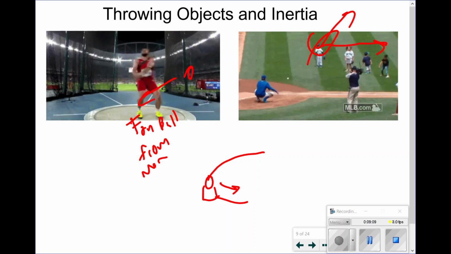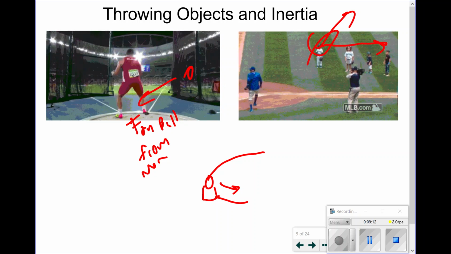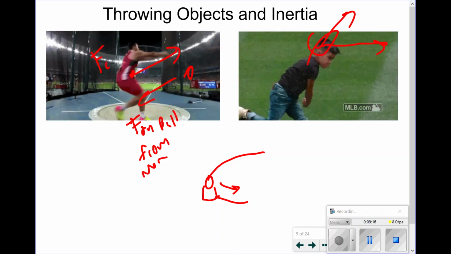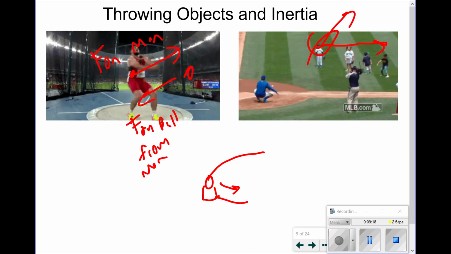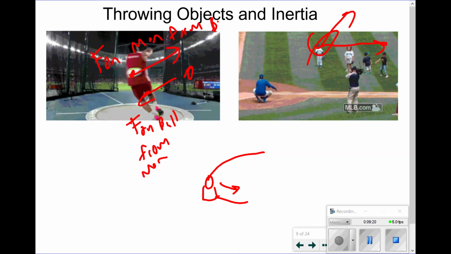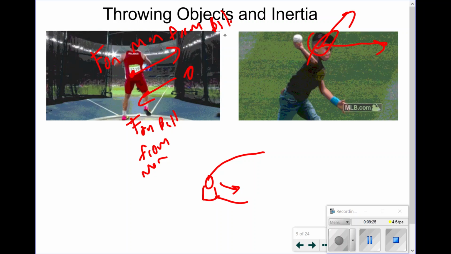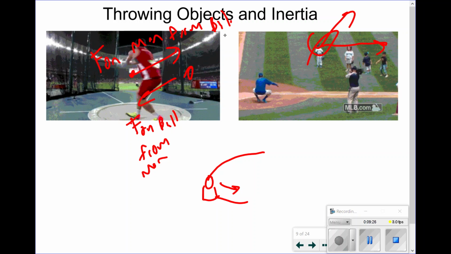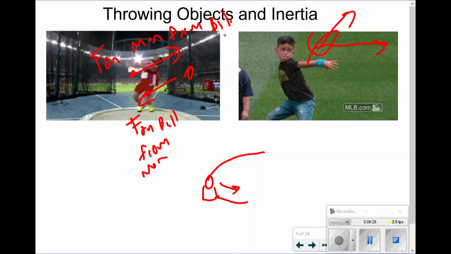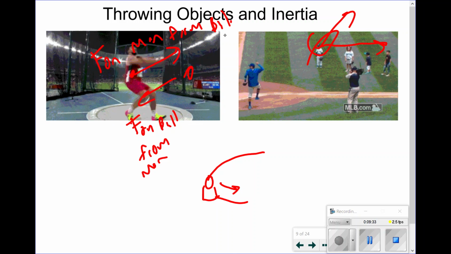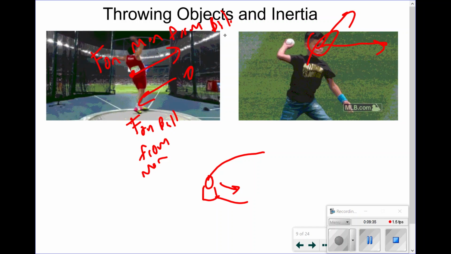And the truth is, the ball is going to pull on the man outwardly. This is the force on the man from the ball. That is the centrifugal force that people talk about. But it's not on the ball, it's actually on the man. And that's because the man exerts a force on the ball inward.